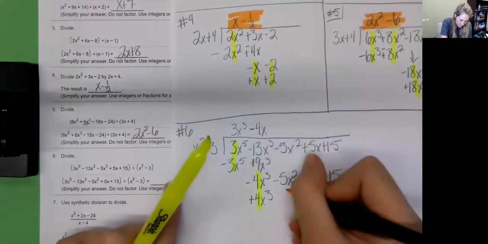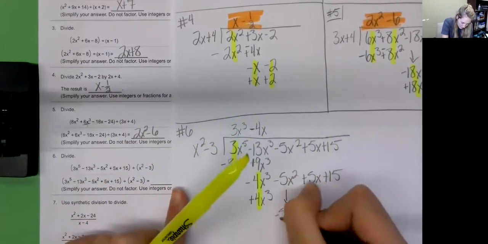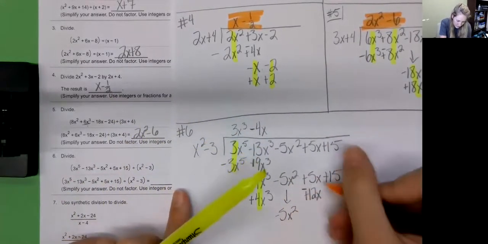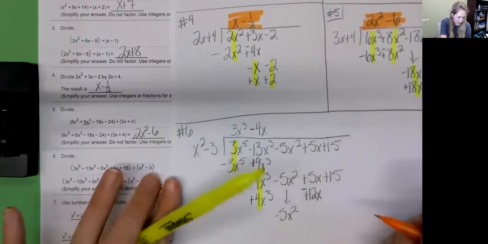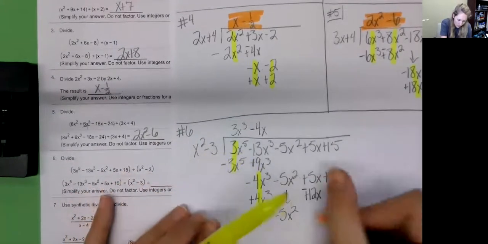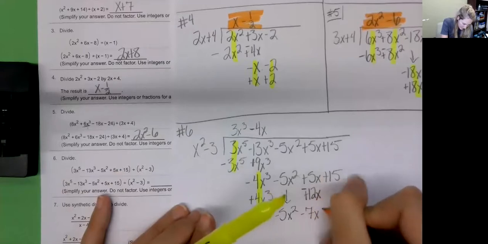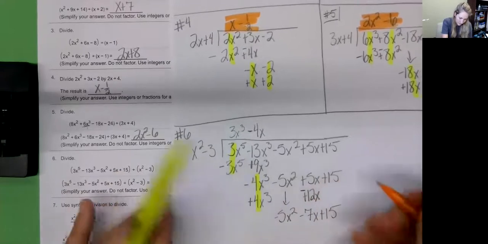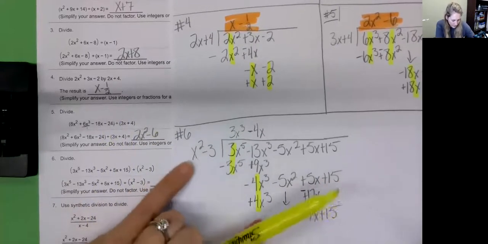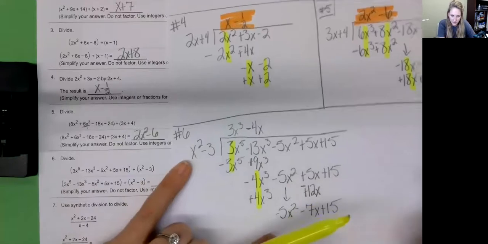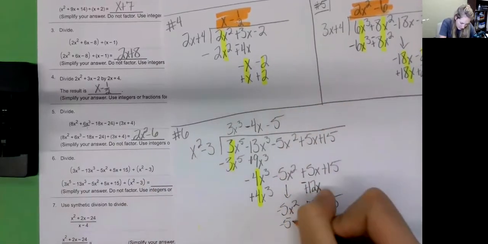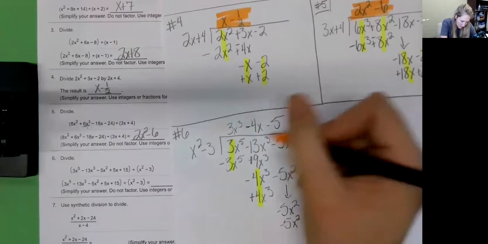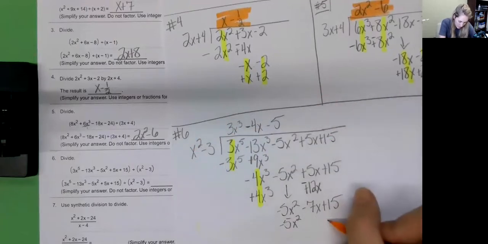I'm going to bring this straight down. So negative 5x squared, negative 12 plus 5 would be negative 7x plus 15. Now then, I need my x squared and negative 5x squared, so that's just negative 5. Negative 5 times a negative 3 would be a positive 15.